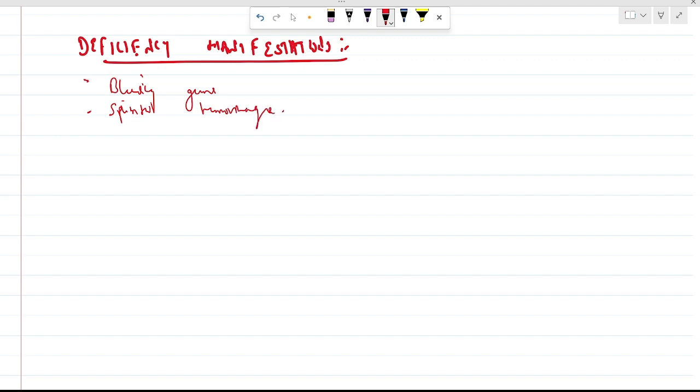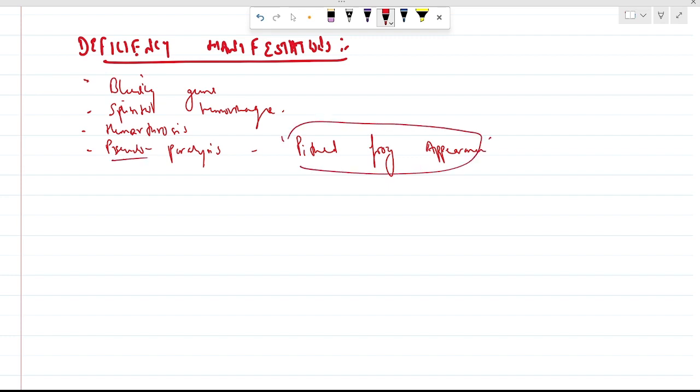Then there is hemarthrosis. Next we have pseudoparalysis, also called pithed frog appearance. Clinically it is called pithed frog appearance. There is pseudoparalysis, hemarthrosis, splinter hemorrhage, and bleeding gums.